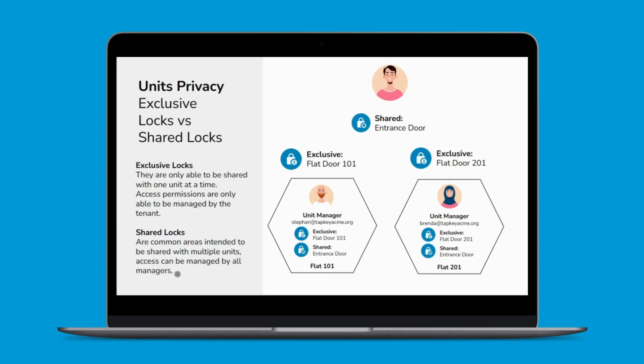We also have the concept of shared locks, where a shared lock is specifically assigned for common areas. We can name them entrance doors, or also additional rooms where everybody in the building or multiple people in the building should have access, such as laundry rooms, bike storage areas, or any other.